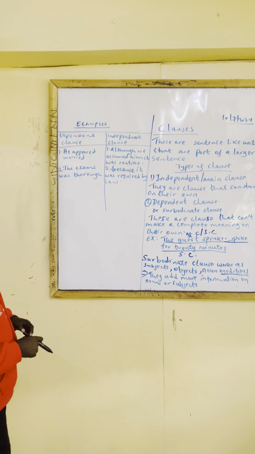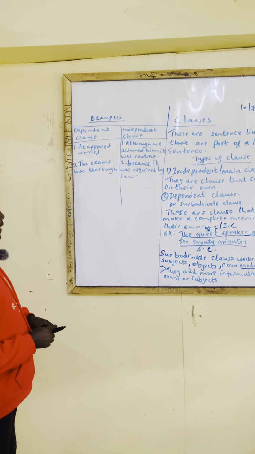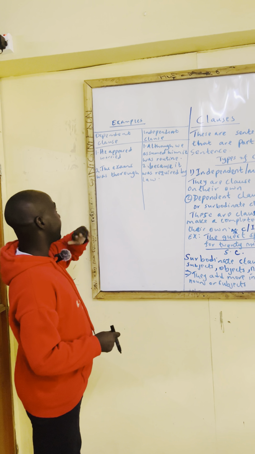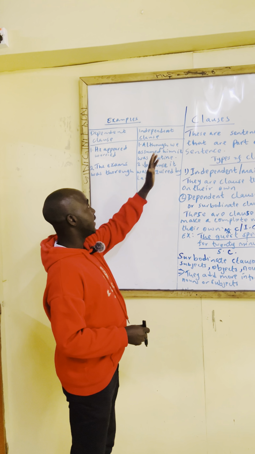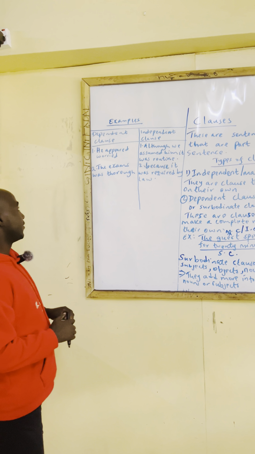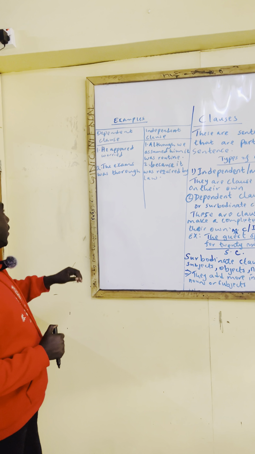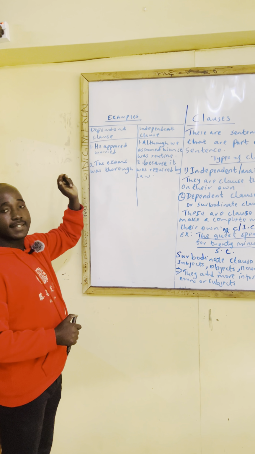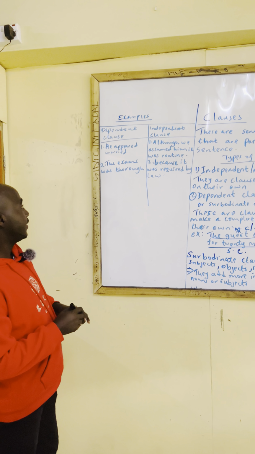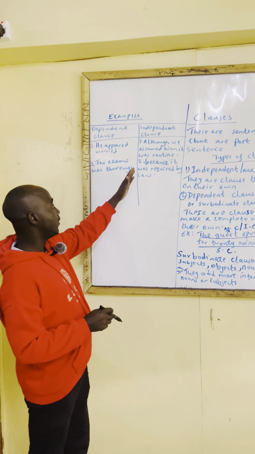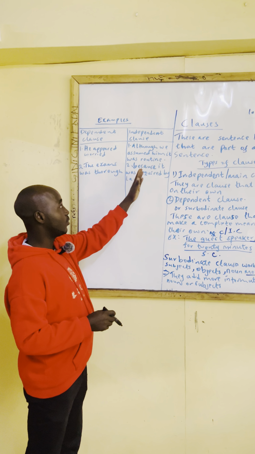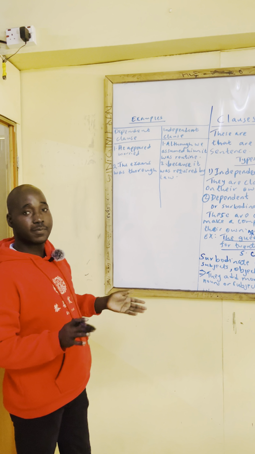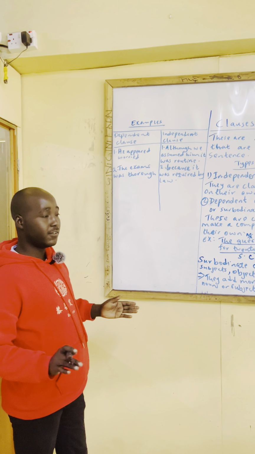So we have further examples here under the clauses. In the first column we have the dependent clause, and in the other column we have the independent clause. First example: he appeared worried. That is a complete sentence, it makes a full meaning.